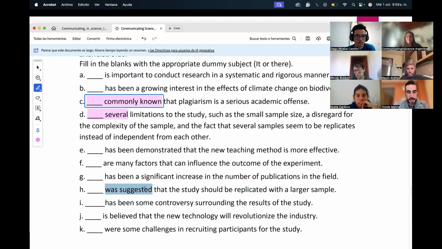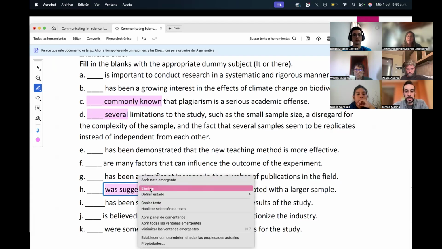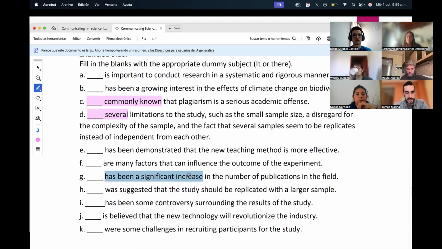But if you have a noun, like "there are many factors", "there are several limitations", or "there has been a growing interest", the noun is there. Growing is modifying the noun interest. In "there has been a significant increase", you have a noun modified with an adjective, significant. So if you have a noun following your subject, then you need to use "there".